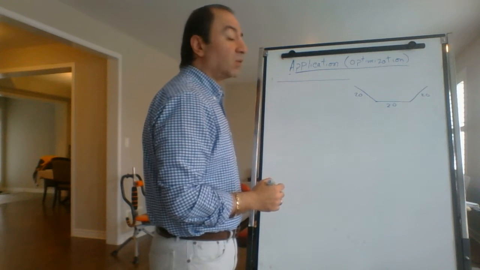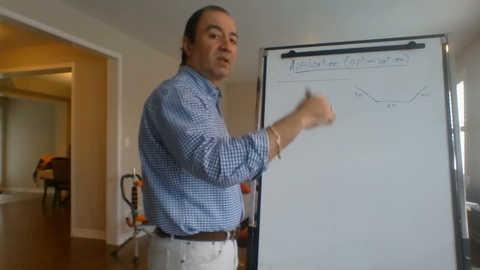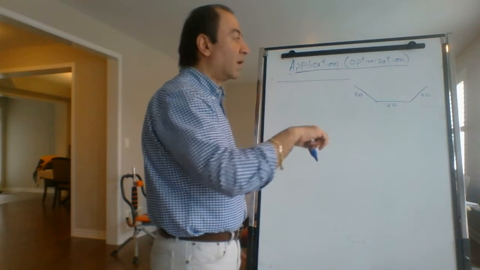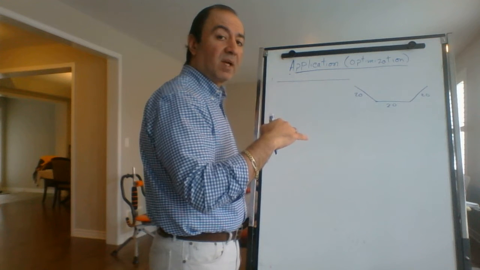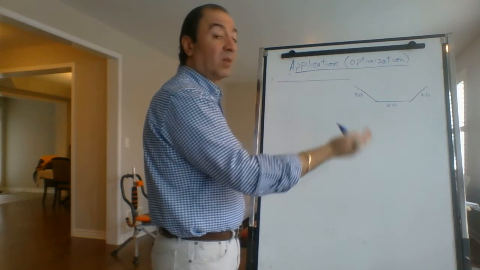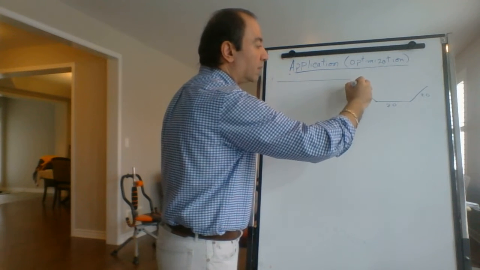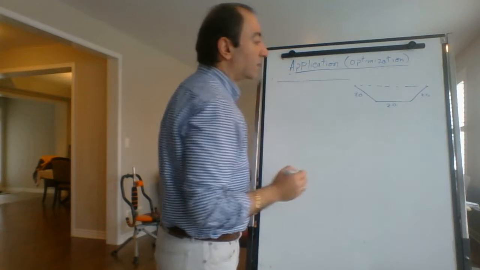If you remember the optimization we did in example 2, the Norman window, we said we need to maximize the amount of light. We said that we need to maximize the area. So if we maximize the area, the amount of water that will pass will be maximized.